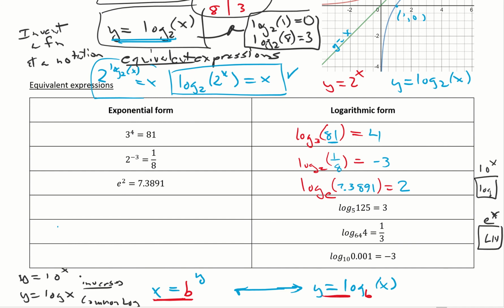Then there's this other one over here: y equals e to the x, y equals ln of x, and this is the natural log. If we get to that section, which I doubt this semester, that's the very last section of chapter 9, we actually play around with e. If we make it, we make it kind of thing.